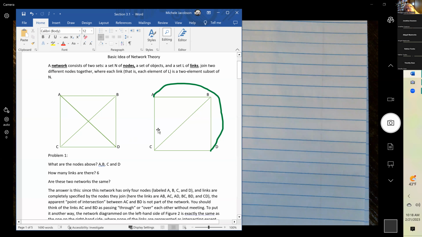So these two, even though they look different, would be the same network. Any questions on that? Because whether you go out and around or straight across, it's still AD. So now the 2 networks are the same. Any questions on that?